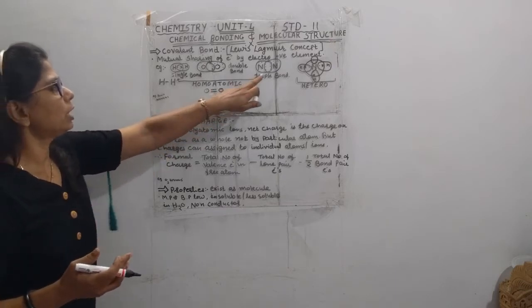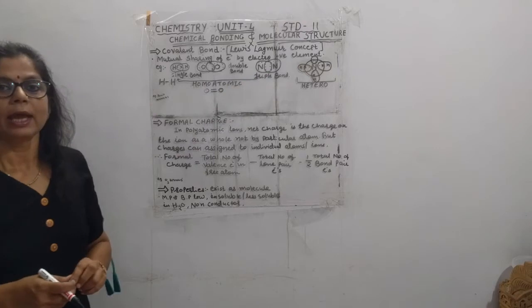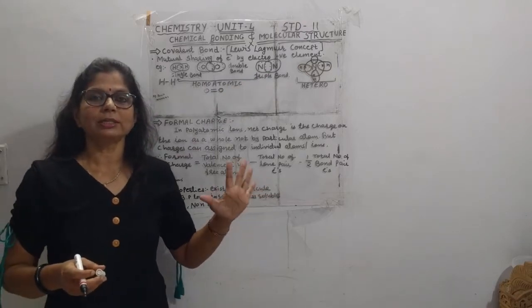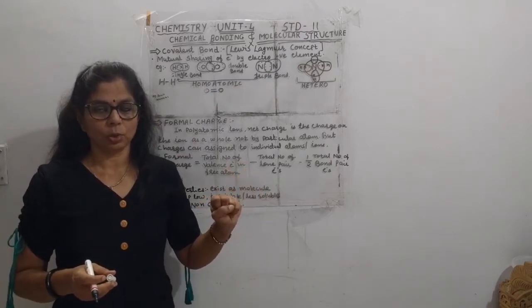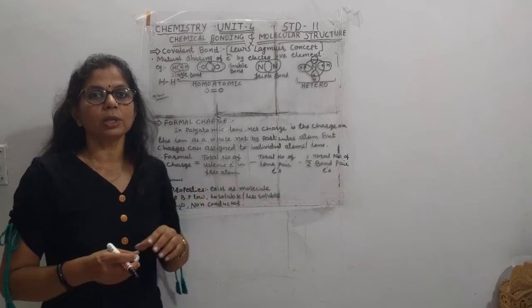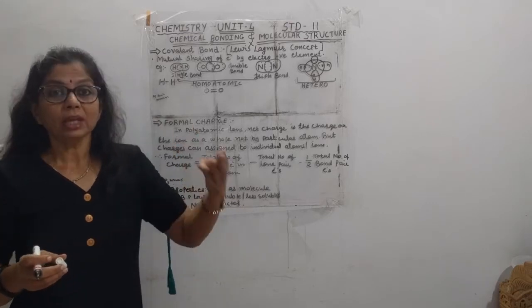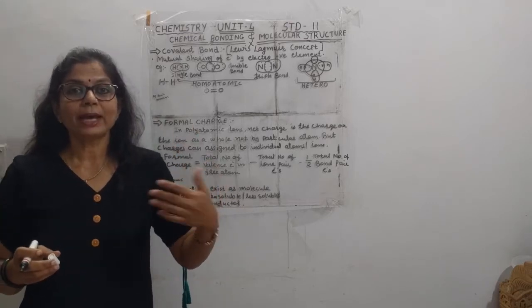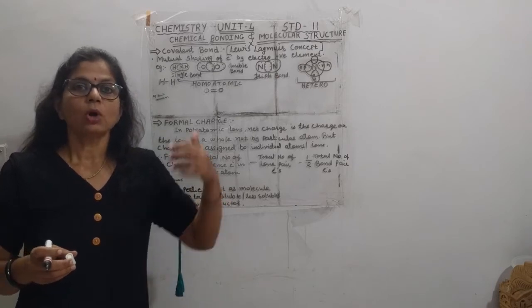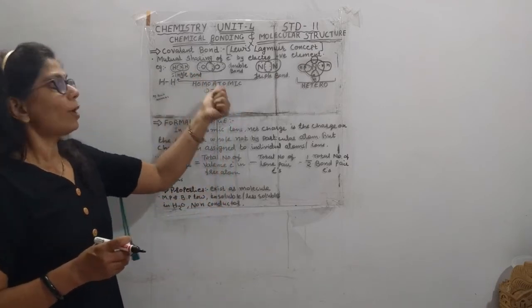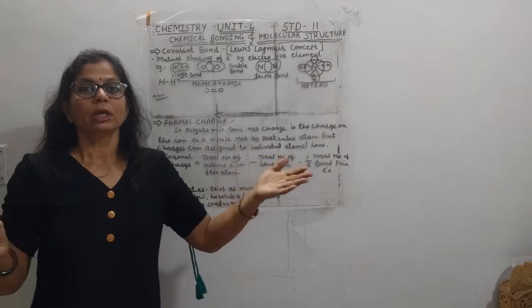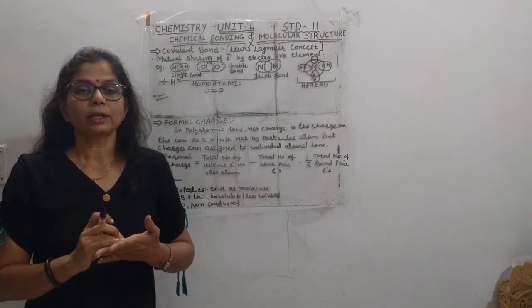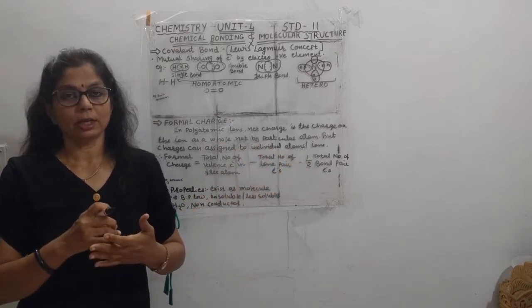In the same way, if we think about nitrogen, as you know, nitrogen has 5 valence electrons. So nitrogen requires 3 electrons to share with one another. According to the requirement of electrons, the atom can share its electrons.